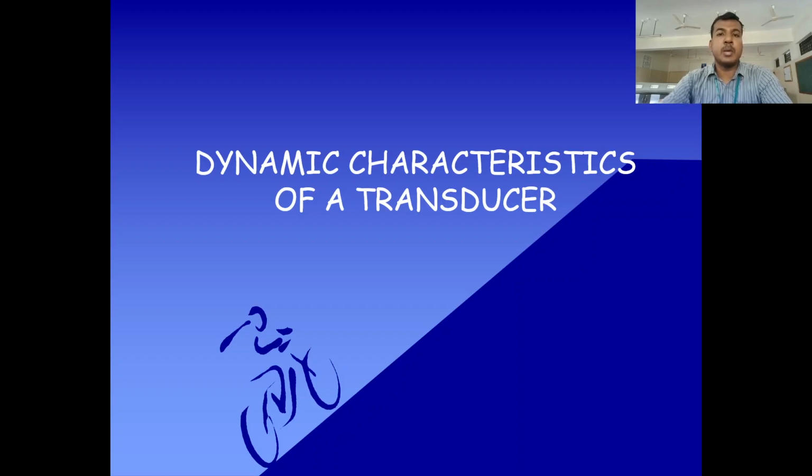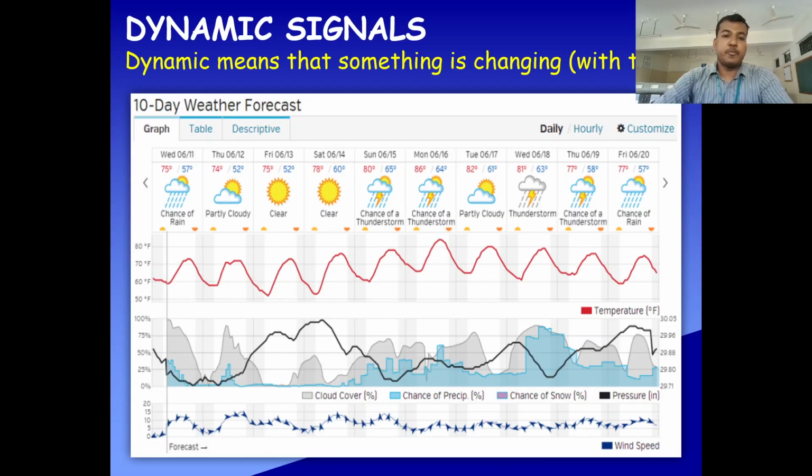This is a little bit more complex than the static characteristics, because the measurand is going to keep on changing. So we have to introduce linear equations. From the figure we can see that dynamic means that something is changing with time. For example, take a 10-day weather forecast.